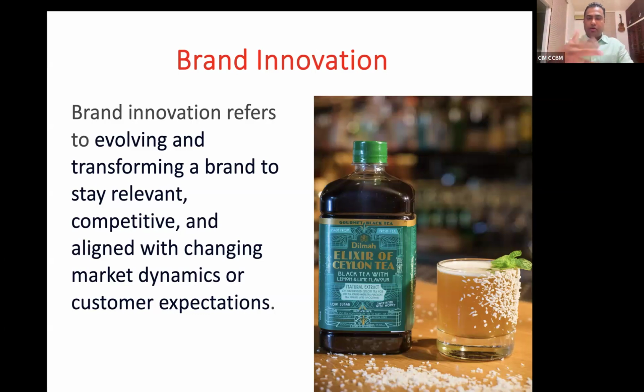You need to refresh your brand. So you need to innovate not only the product itself, but the packaging, the way in which you sell your brand.